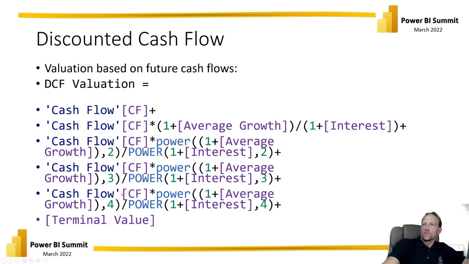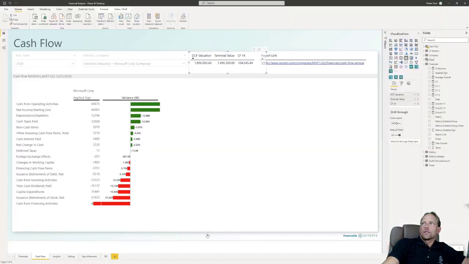In the end it's always the same calculation. It's just that the discount rate changes: 1 plus the discount rate to the power of 2, to the power of 3, to the power of 4. It's just a DAX Power BI function, and then the terminal value. And this is exactly what I'm doing here.